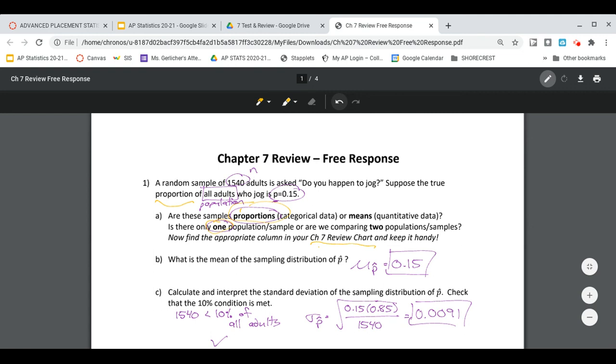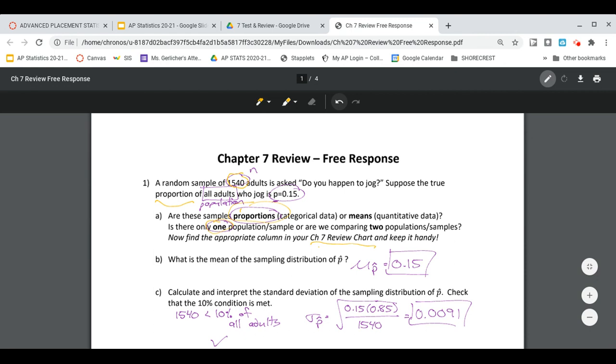Okay, the second thing you need to do before you start diving into the problem is pull out all the numbers that are inside the initial paragraph and figure out what they are. And this one doesn't have that many numbers, but as we get further in the free response packet, there will be more. So they said a random sample of 1540 adults, so that's N. They said the true proportion of all adults.